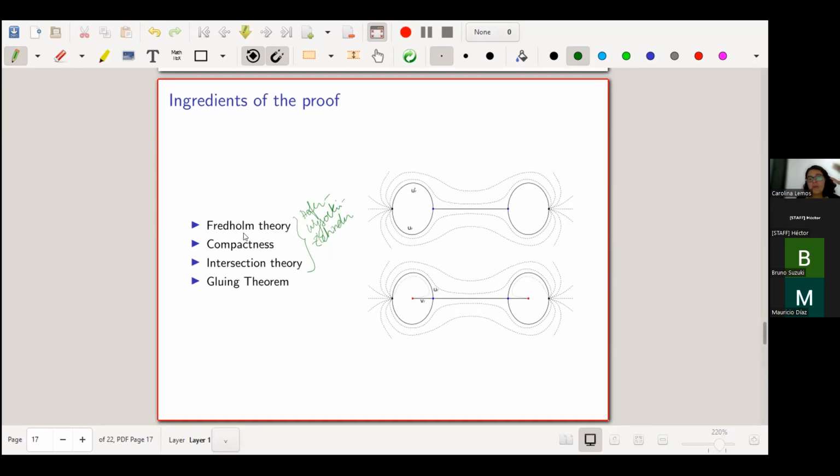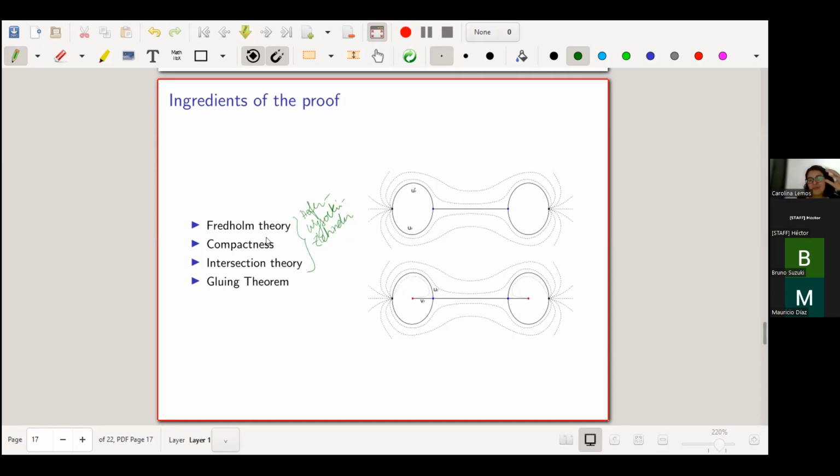Basically, under some nice hypotheses, we know that these curves appear in families, that we have a manifold of these curves, and we have a compactness theory.